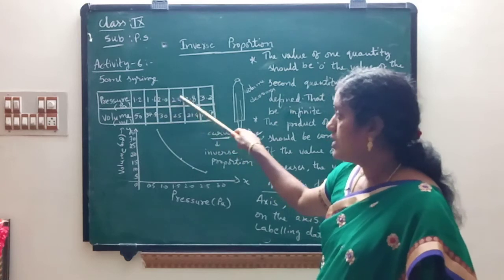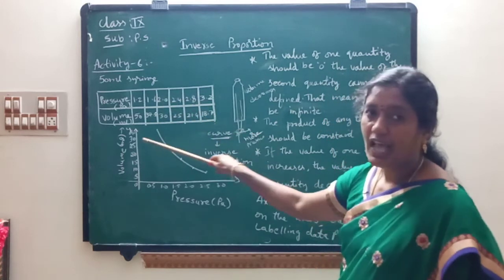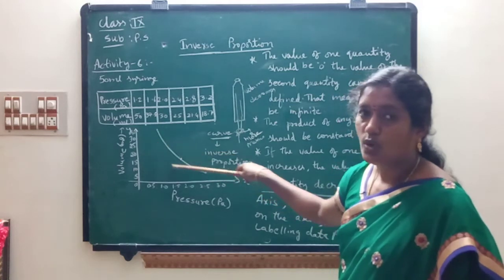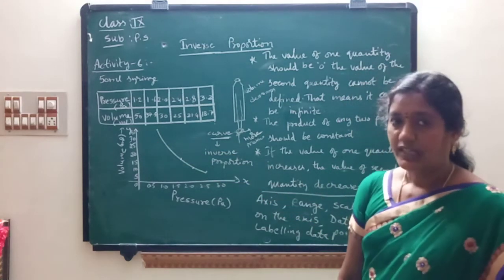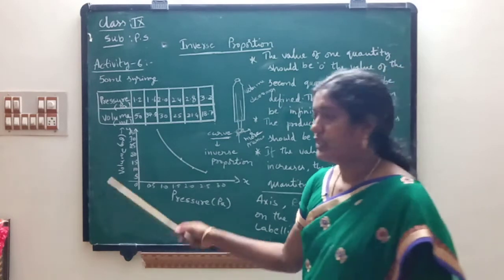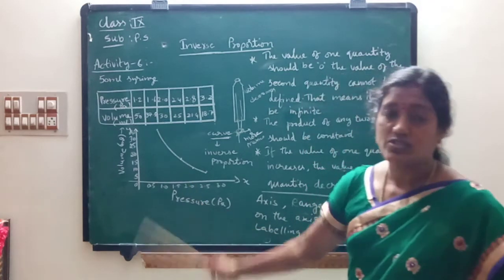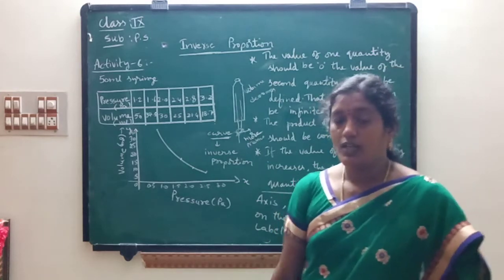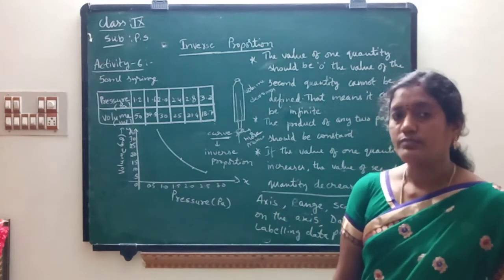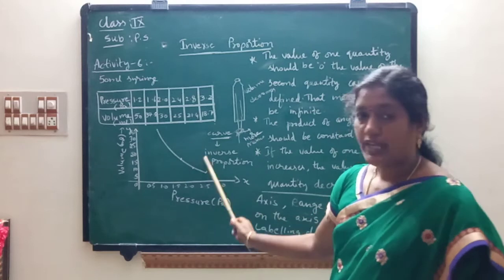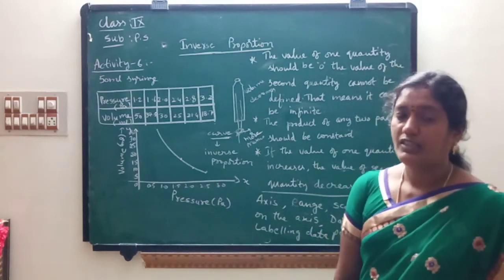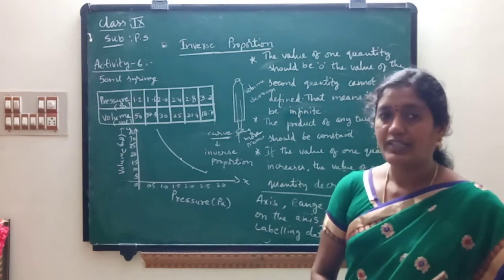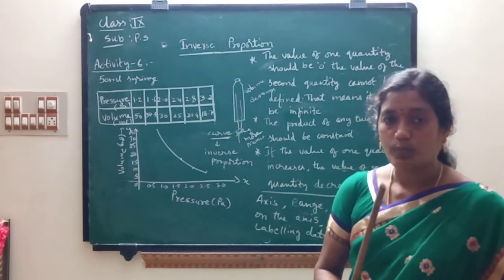Like this we plot the points. After that you have to join all the points. What is the shape of the graph that we get in this case, children? It is a curve. So if any sum gives this curve shape, then by seeing that curve shape we can tell that those two quantities are in inverse proportion.